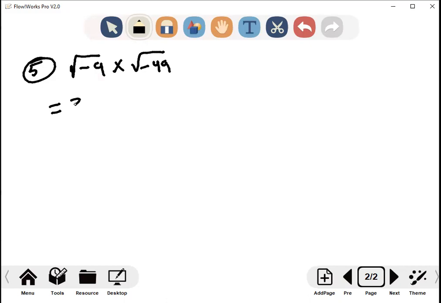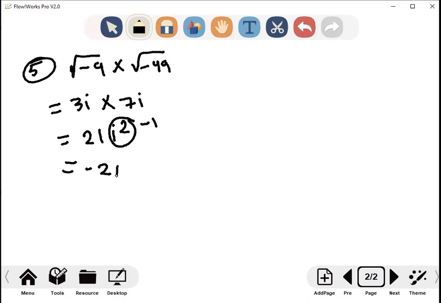Multiply by square root of minus 49, which is 7i. 3 multiplied by 7 is 21i squared, and i squared equals minus 1. So 21 multiplied by minus 1 is minus 21, which is part C.